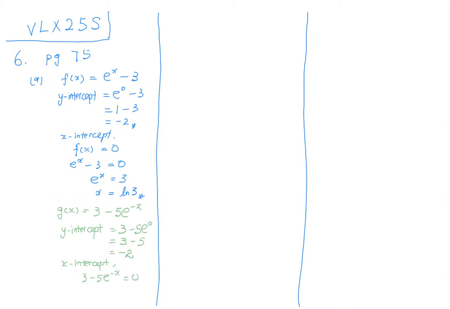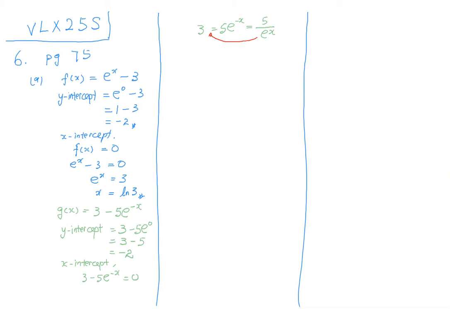Usually, if the power of the exponential is negative, I prefer to rewrite it before I start to look for the value of x. I will prefer to write it as 5 over e to the power x. Okay, then I do a cross multiply.